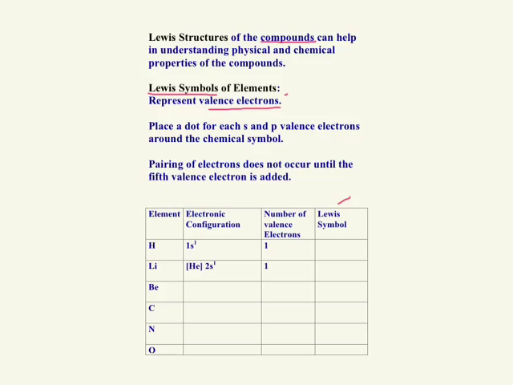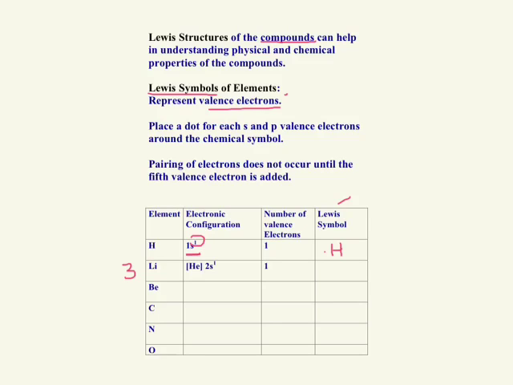So for example, hydrogen atomic number is 1, means one electron. Electronic configuration is 1s1. Number of valence electrons 1, because this is the valence electron. And how do you draw the Lewis symbol? You put the symbol and you draw the number of valence electrons. That's the Lewis symbol. Lithium atomic number is 3.